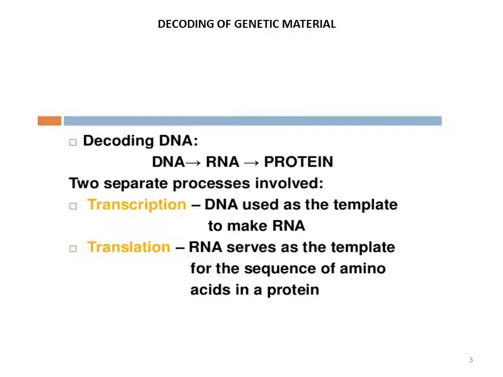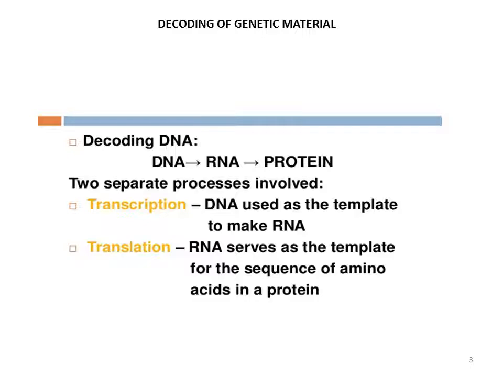From the DNA molecule, RNA is synthesized, and then from the RNA proteins are synthesized. So this whole process is separated into two steps: from DNA to RNA and from RNA to protein. The first step is transcription. In transcription, the DNA molecule works as a template molecule from where the RNA is synthesized.